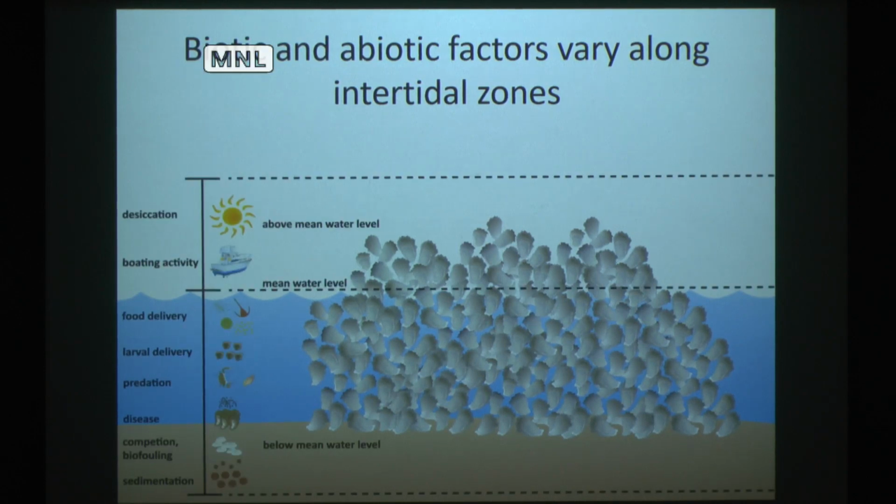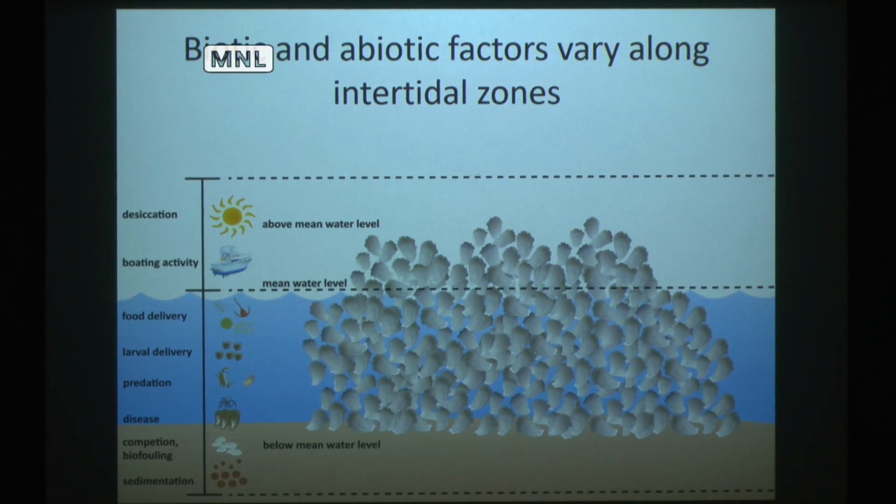And this intertidal gradient of aerial exposure can influence biotic and abiotic factors at different tidal elevations that may influence the oysters' demographic rates.